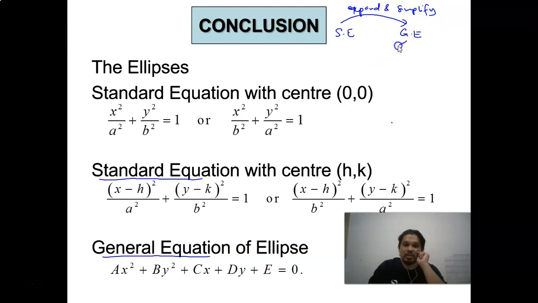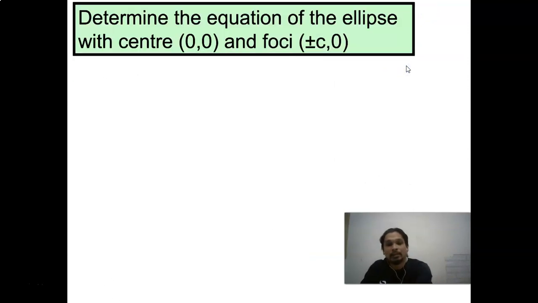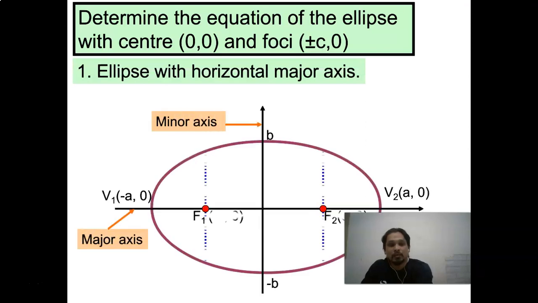And from general to standard equation, we come up with the process of completing the square. So we need to determine every single point that will be labeled here: minor and major axis, and the focus point.